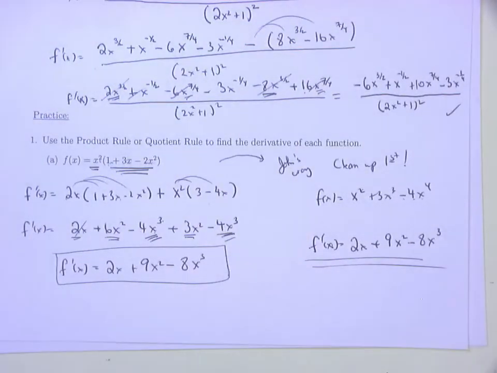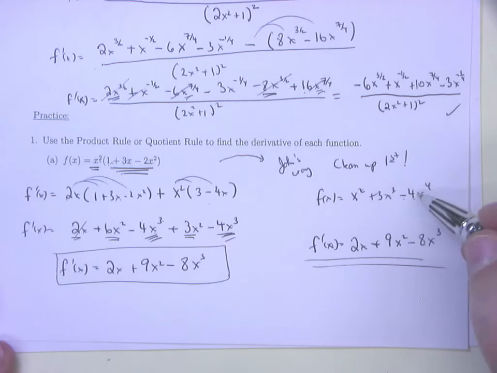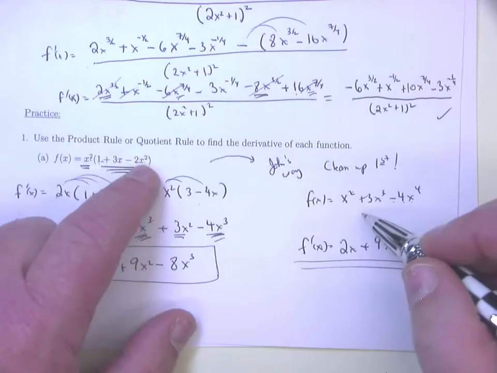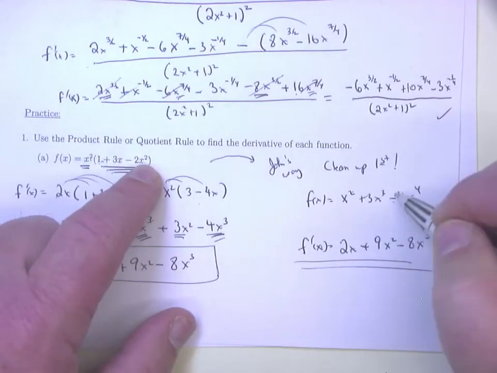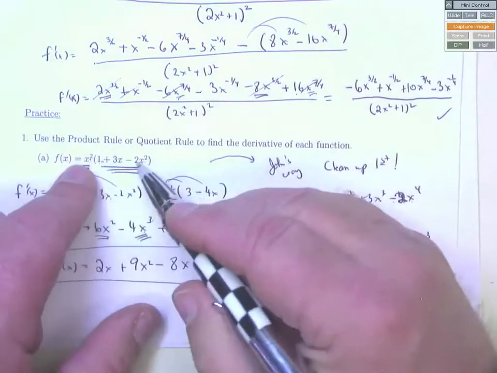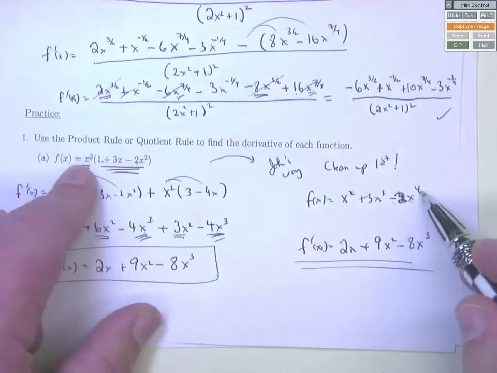Yeah, question? Yeah, 4 times, let's see here. Hold on. I screwed up. It's my fault. X squared times a minus 2x squared is a minus 2x to the 4th. See, I had that answer already in my head. Now, take your derivative.